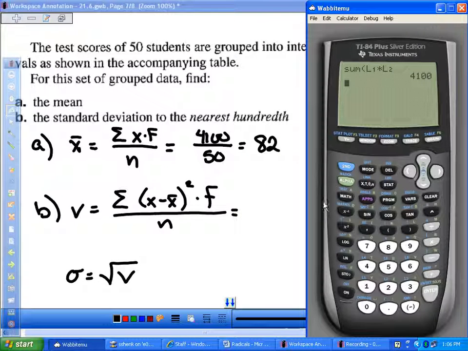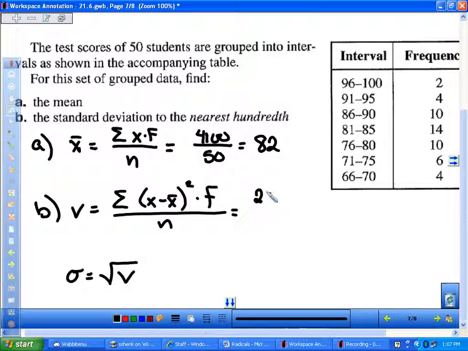How are we going to compute this one? So again, sum, a new parentheses, L1 minus 82, close, square, times L2. 2,800 divided by 50, we have a variance of 56.